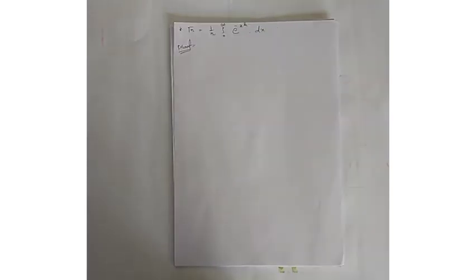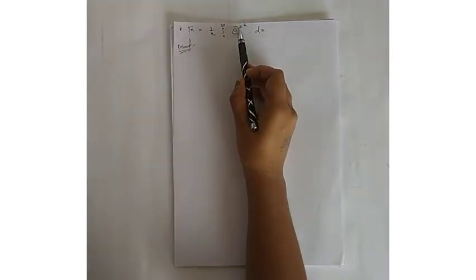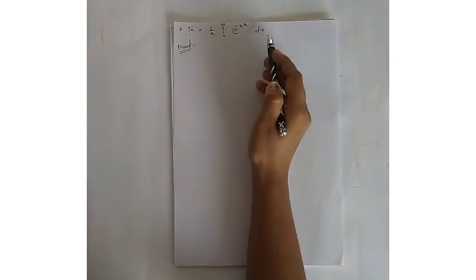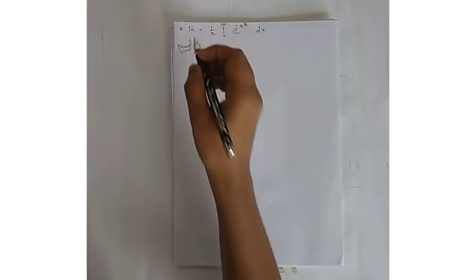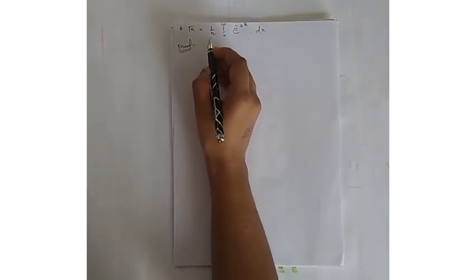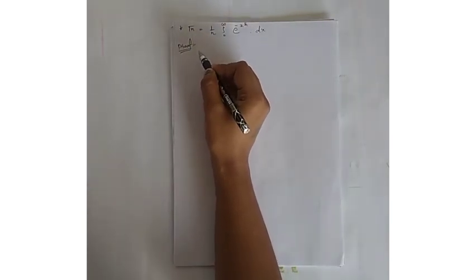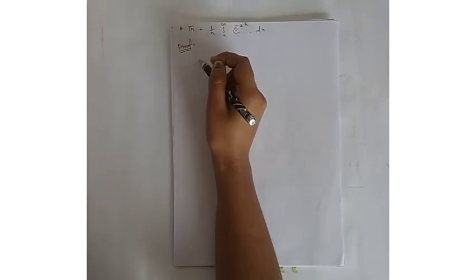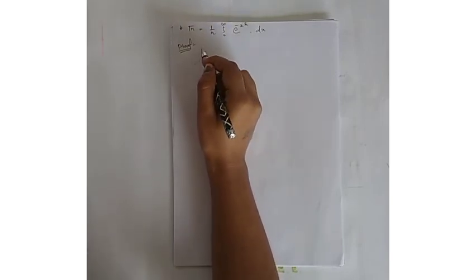Next form is gamma n is equal to 1 upon n into integration with limit 0 to infinity e raised to minus x raised to 1 upon n into dx. We prove this form also using the definition of gamma function.